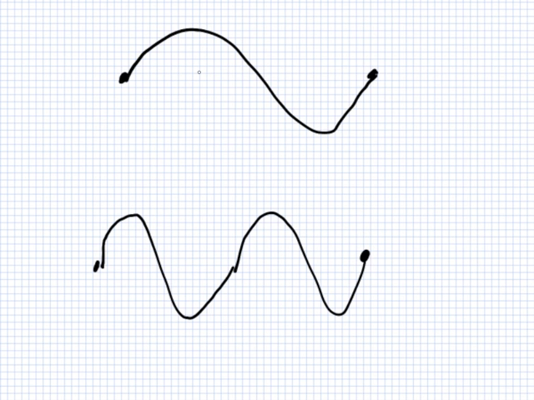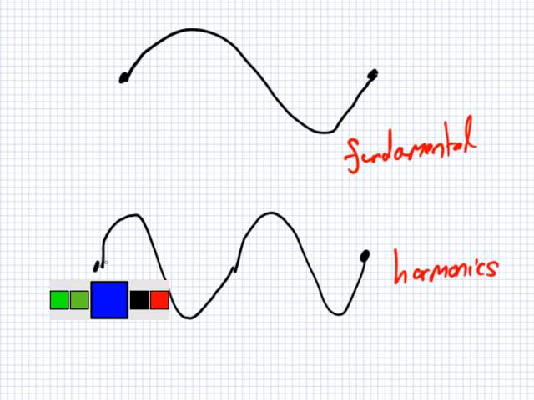I can't make it any bigger, because if I try to make it bigger, like something like this, then I have a problem because it needs to be fixed here. So the biggest wavelength is called the fundamental wave, and then all other waves are called harmonics. So that's a harmonic.